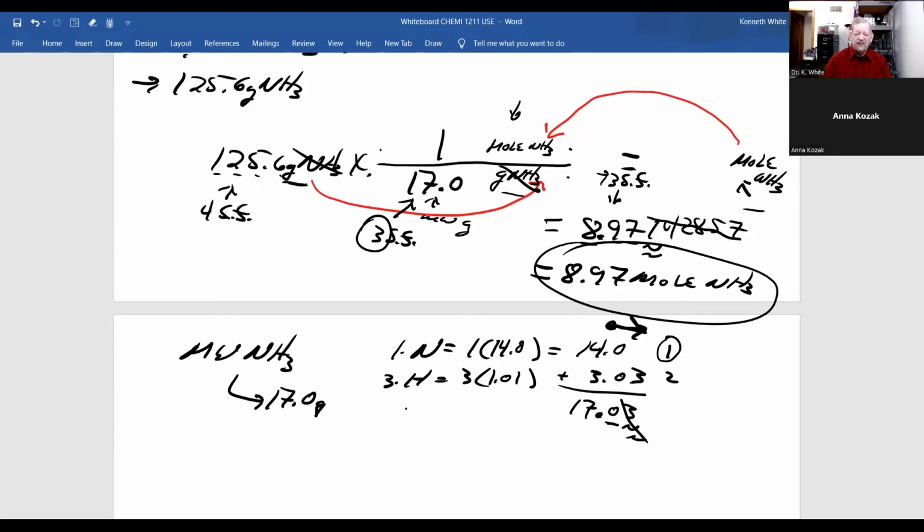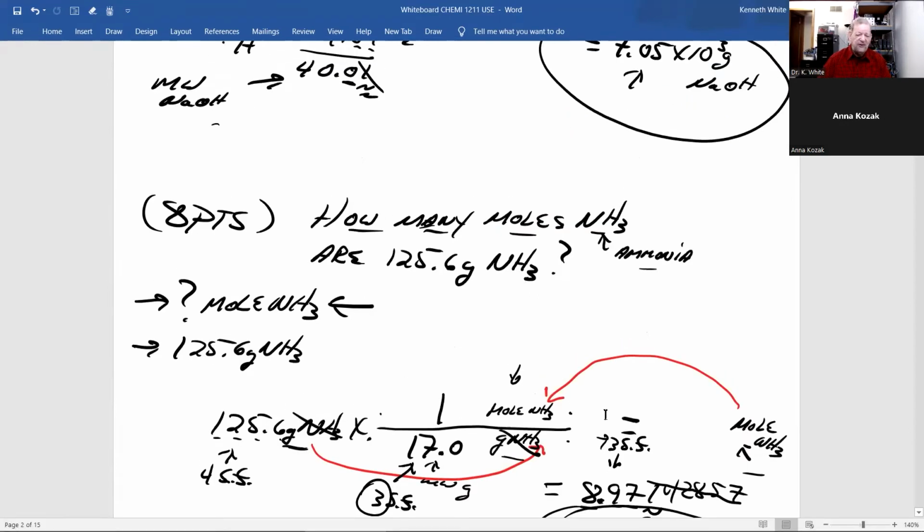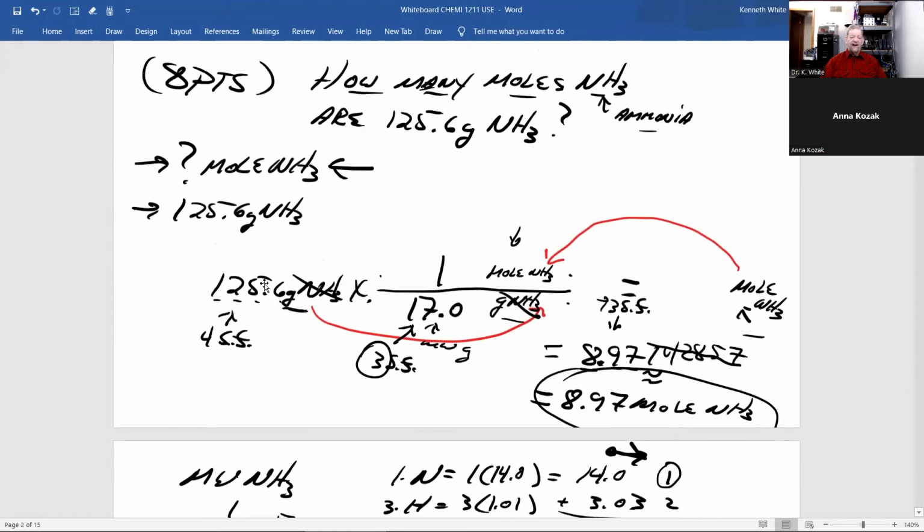And let's go through this again to remind you how I did it. We're asked how many moles of ammonia are in 125.6 grams of ammonia. NH3 is ammonia. I like to write out, and it's helped me and many, many students, what are you being asked to find?